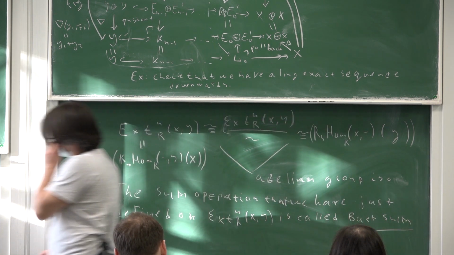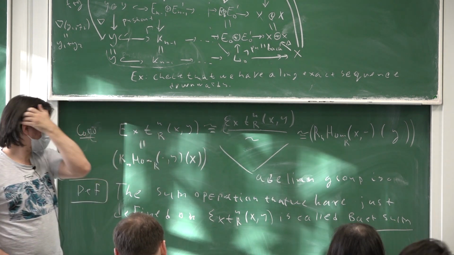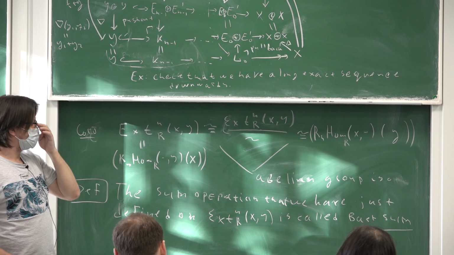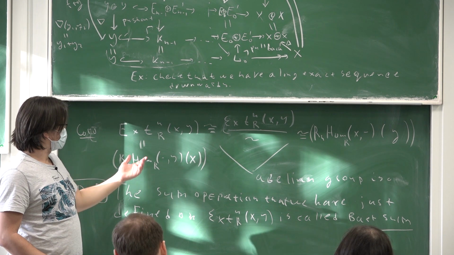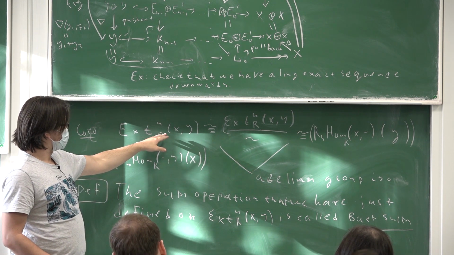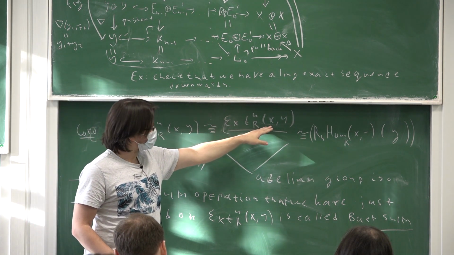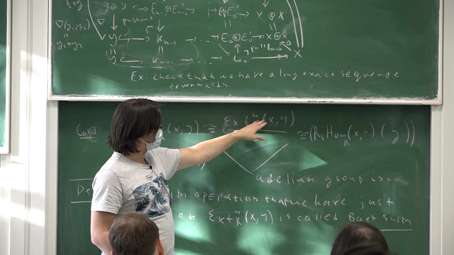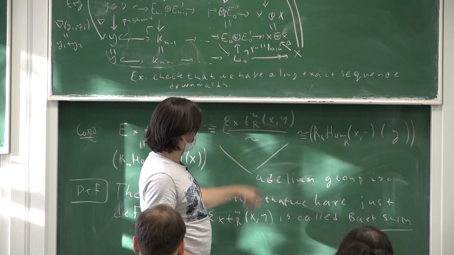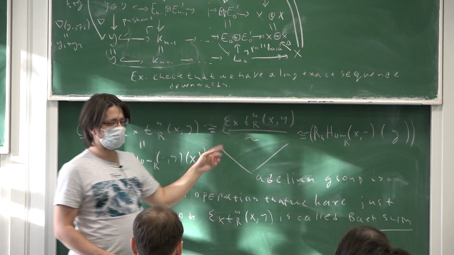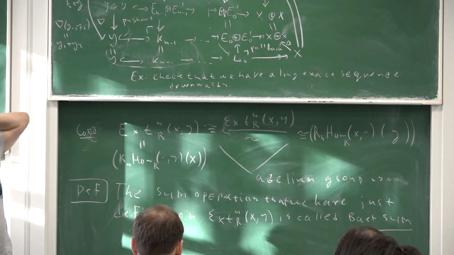So in fact, this isomorphism is an isomorphism of abelian groups, where here we have the usual structure of abelian group, and here we have some operation that is induced by the Baer sum on the equivalence classes. And here again we have a group isomorphism.